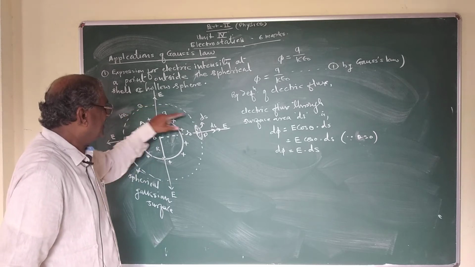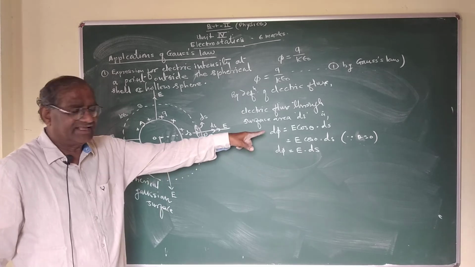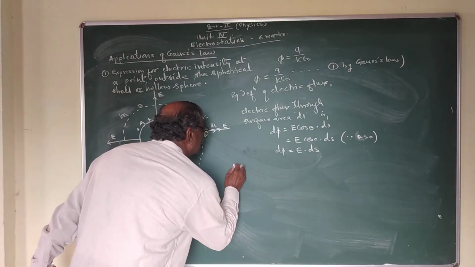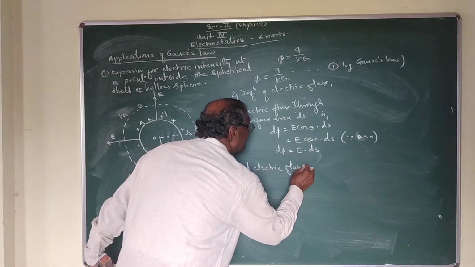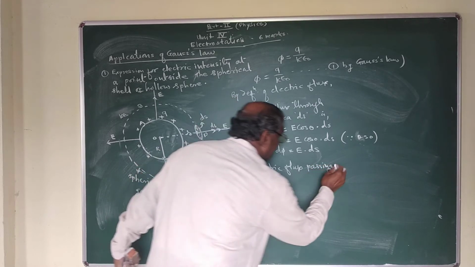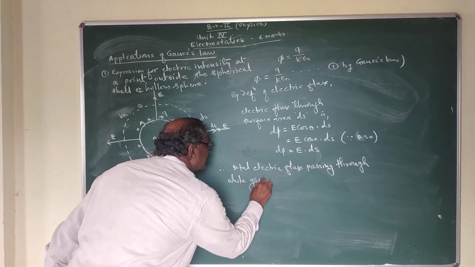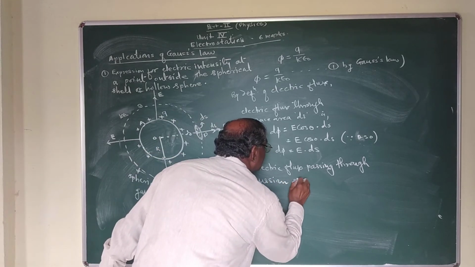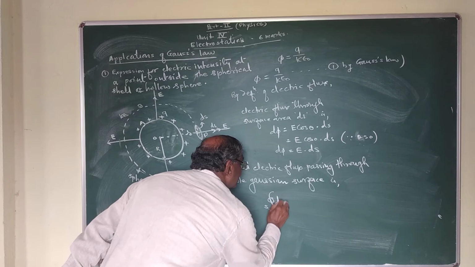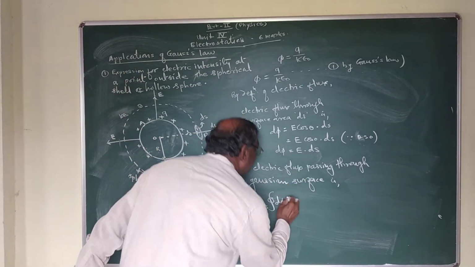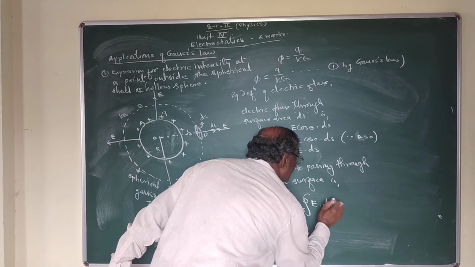Therefore, the total electric flux passing normally through the whole Gaussian surface can be obtained by taking integration, so that total electric flux phi is the closed surface integral of d phi, that is, closed surface integral of E into ds.